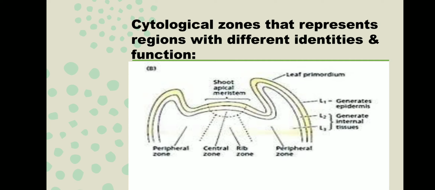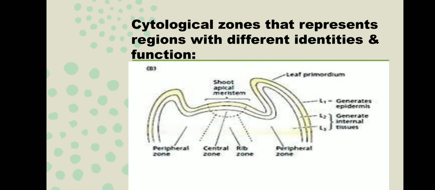It has been observed that if there is a mutation in this WUS gene, then the apical initials, which always remain as meristematic cells, are differentiated into the central zone, or they lose their meristematic activity, as meristematic cells are actively dividing cells.